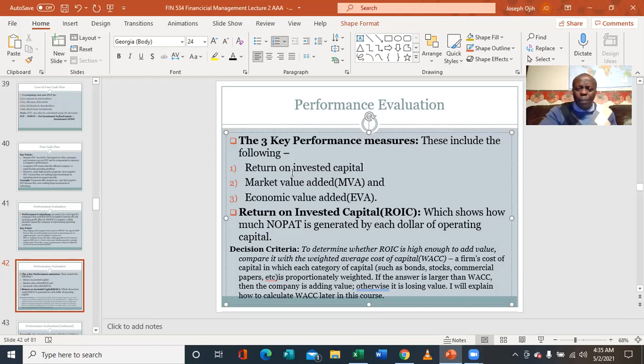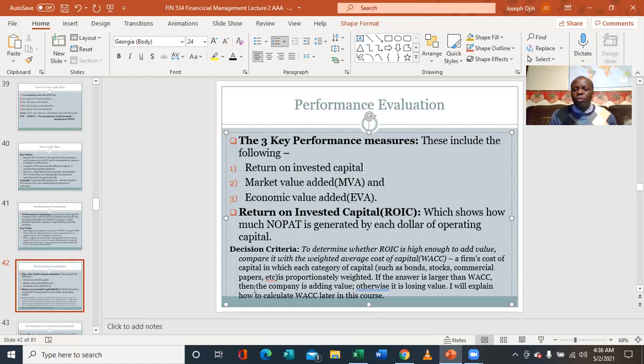So the return on invested capital shows us how much NOPAT is generated by each dollar of operating capital. Again, NOPAT is net operating profit after tax. Now, what is the criteria for using it?